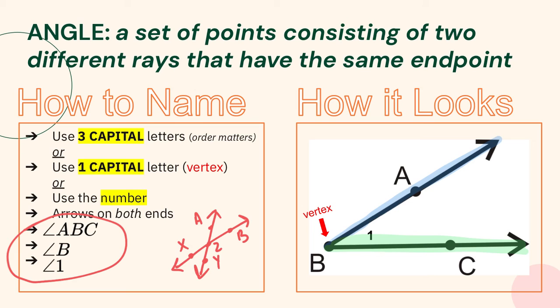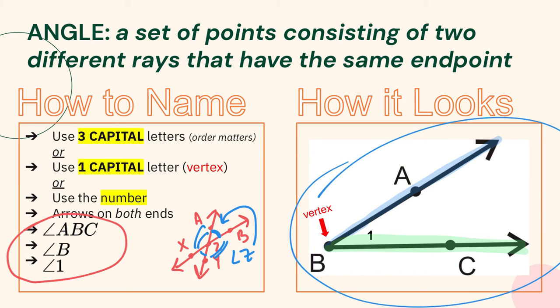I cannot say that this blue angle is angle Z, because if I said it was angle Z, it might be that one, but it could be this one. It could be this one. It could be this one. You have too many options. But in this picture that we have for how it looks, that's where we see that there's only one option for what could be angle B, and that's why we can use 1 letter.